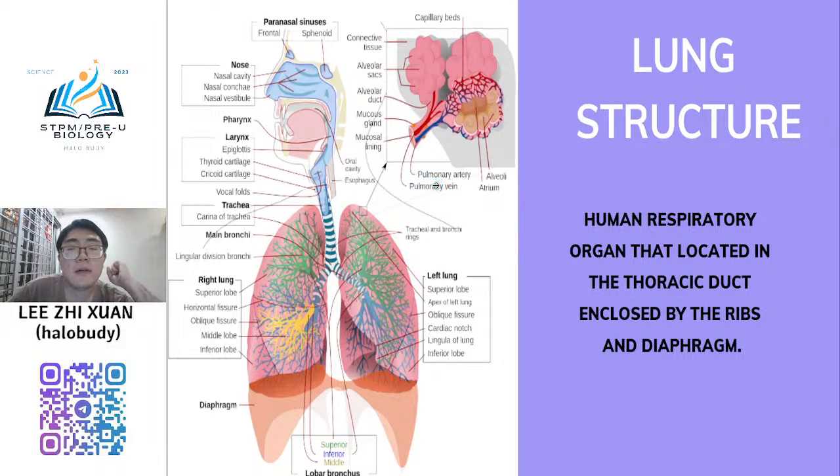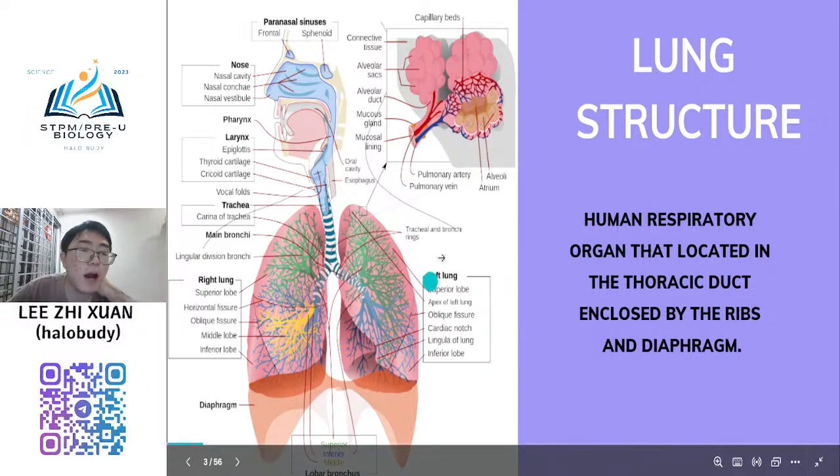These are the key structures you must know: nose, pharynx, larynx, trachea, bronchial trees, and alveolus. And the alveolus is the most important structure.